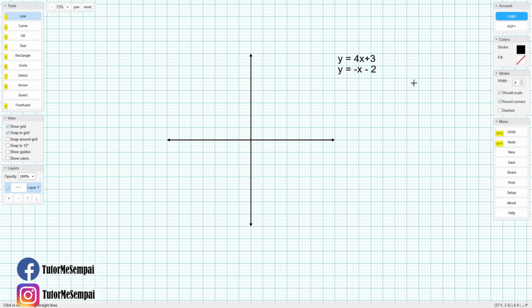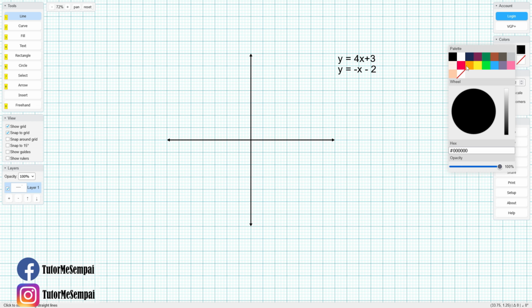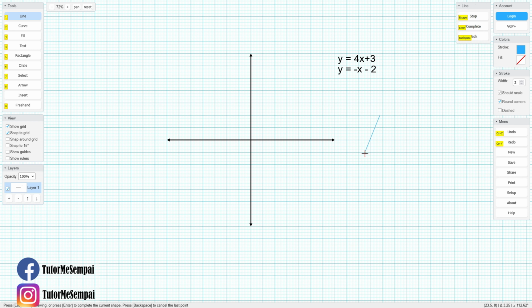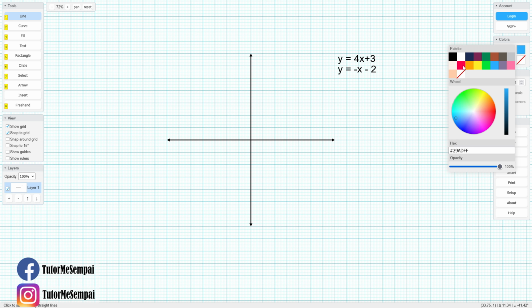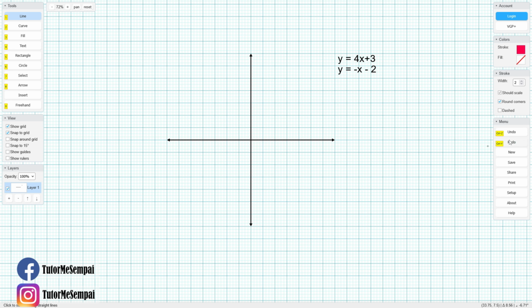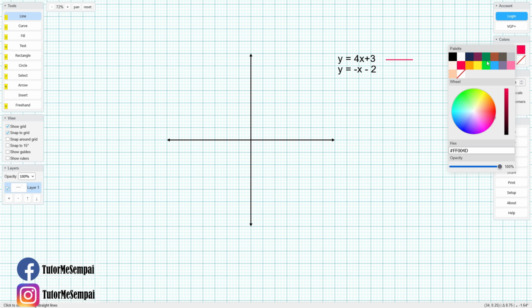Now I'm going to give these different colors just to make sure that we can see the difference between them. Let's try a blue. How does that blue look? Maybe not a blue. Let's go back. Let's have a red, and we'll make it a little bit bigger as well. So you can change the size here. Let's put a red. All right. So red is going to be that one there, and let's get a green going.